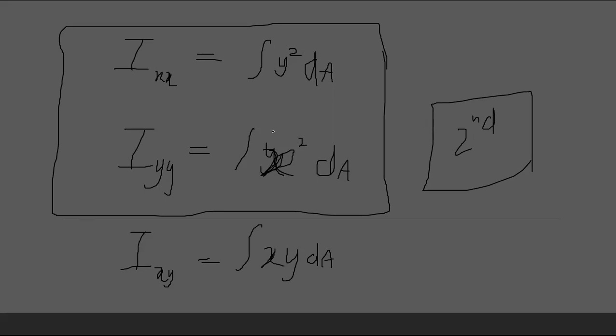The second moment of area, we call it moment of inertia as well. People use lots of wording, but the correct term is second moment of area. It is some kind of inertia, that's true.